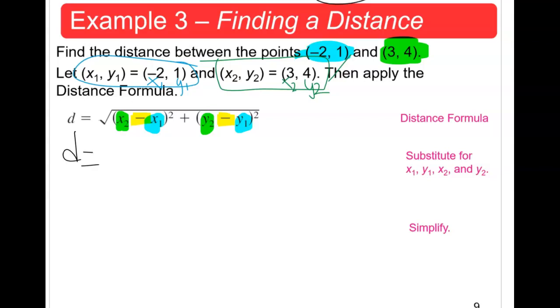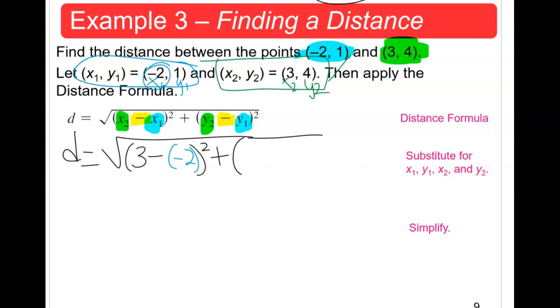So we start by substituting x sub 2 with a positive 3 minus x sub 1, which happens to be negative. So here you have to be careful and keep those negative numbers in parentheses. You might think that you don't have to, but that's up to you. If you do it, you might be less likely to make a mistake if you use parentheses when you're substituting a negative number. It's just good practice.